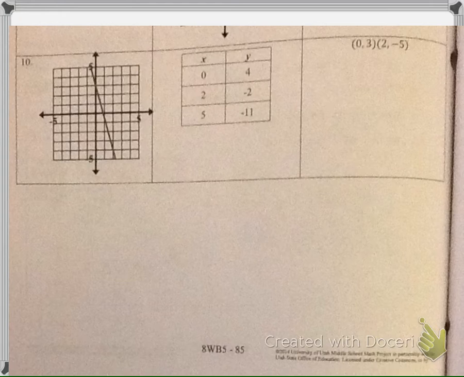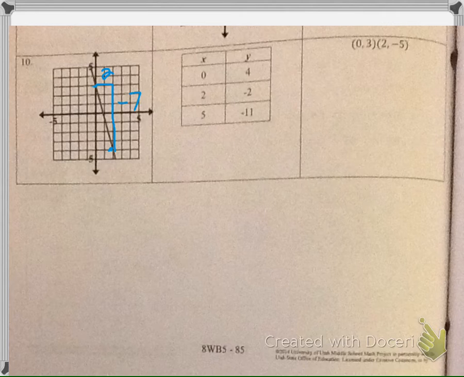Okay, last one, number 10. I start off with a graph. So I'm going to find 2 points to use. This is a point. And looks like my y-intercept again is a point. So now I do my slope triangle. It's going over 2, down 1, 2, 3, 4, 5, 6, 7.